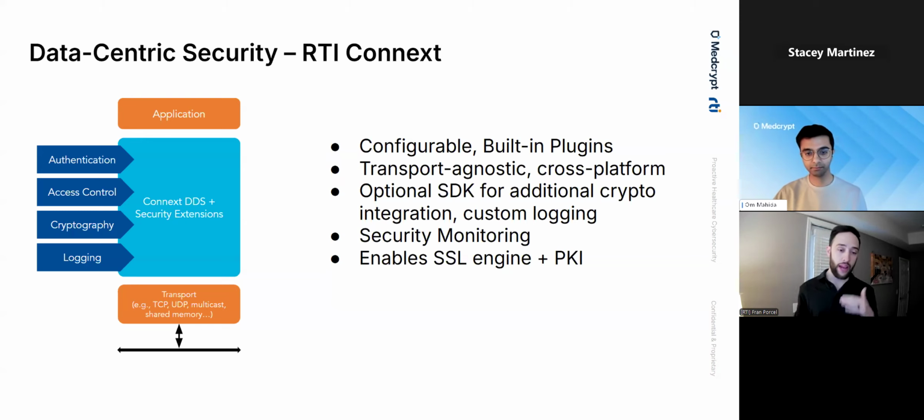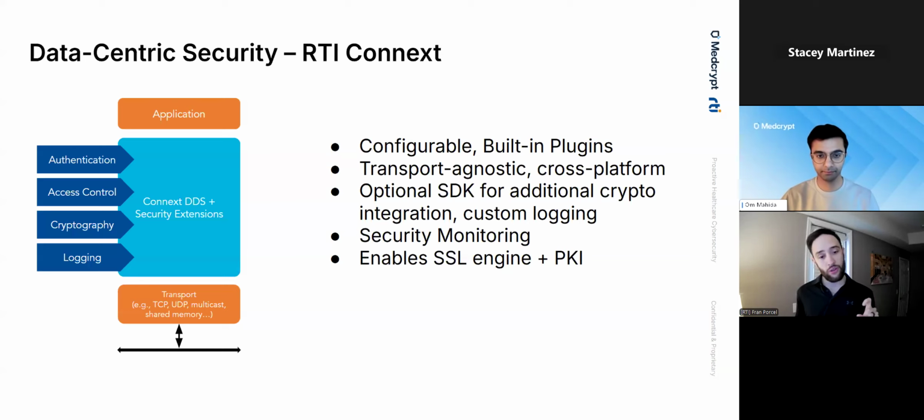But again, if we think of the network stack with the transport at the bottom and your application on the top, Connext enables you to use the security extensions, which is a set of configurable built-in plugins that allow you to use authentication, access control, cryptography, or logging for your system. Very important also is that Connext abstracts the operating system layer, and it makes your applications very transport agnostic and cross-platform. You don't need to worry about what operating system you own, Connext is already supporting it.